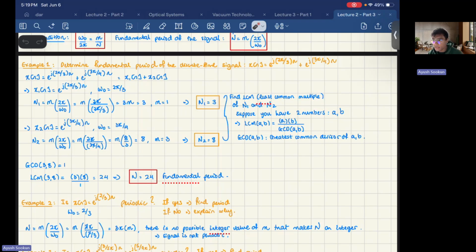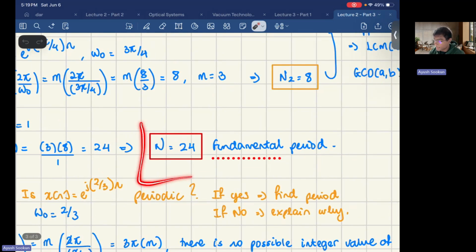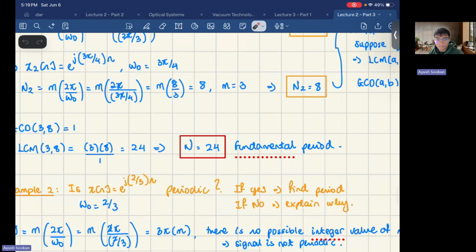In the case of 3 and 8, the biggest common divisor is 1. When you take 3, you divide by 1, you get 3. When you take 8, you divide by 1, you get 8. If you were to pick 2, for example, 3 divided by 2 is not a whole number, so it cannot be 2, even though 8 divided by 2 is 4, a whole number. That's why it's 1 in this case. So applying the formula, 3 times 8 is 24 divided by 1, so you just have 24. So this is your fundamental period.